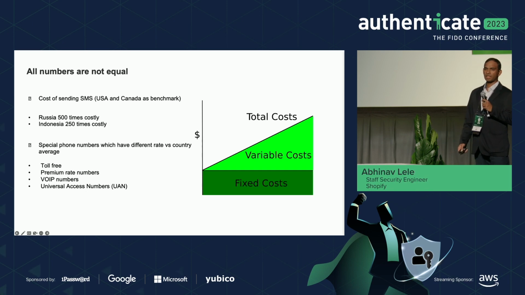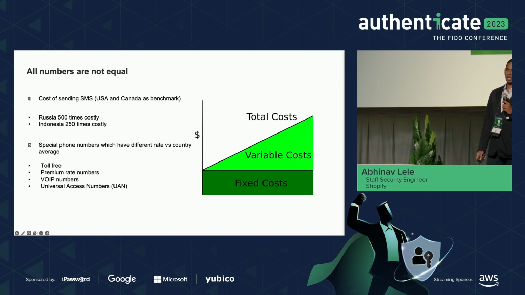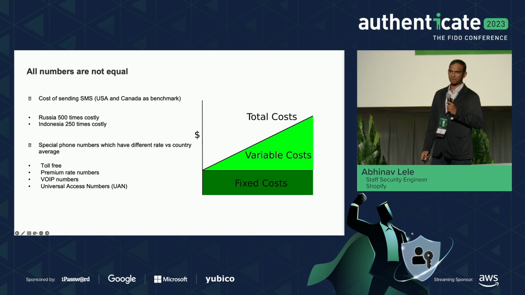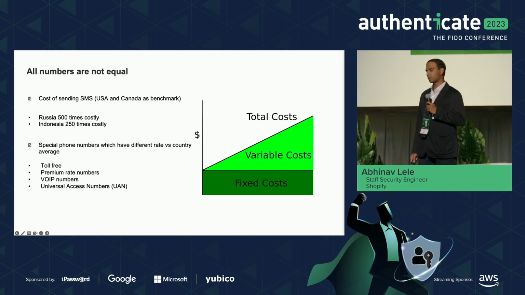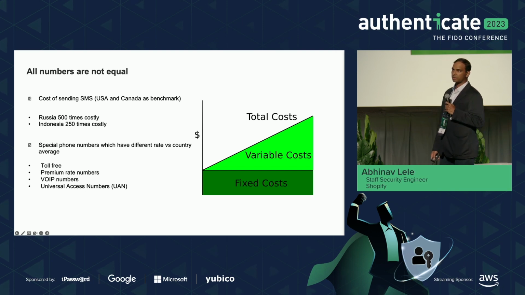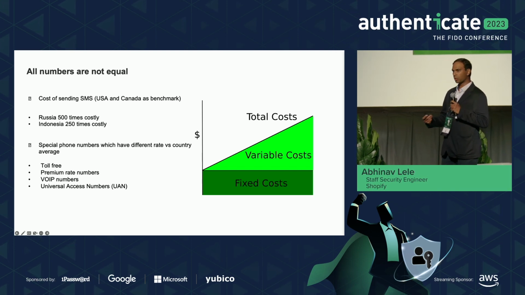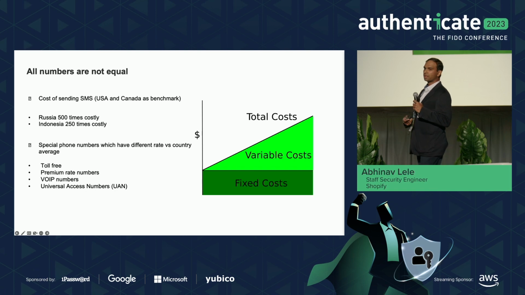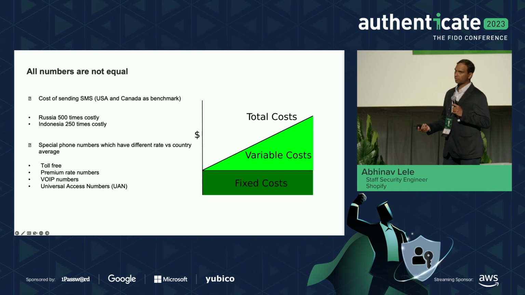So depending on how many users you have, the cost of sending SMS is very variable. You probably start off with 1,000 users in one country, but when you want more users for your service, which means more people across the globe, it means more costs.